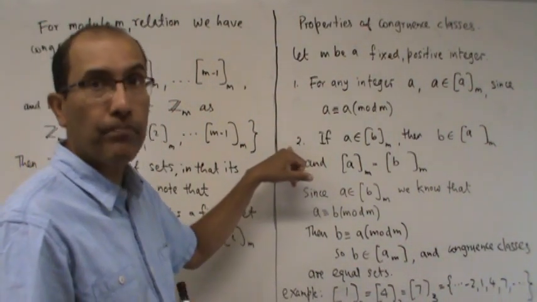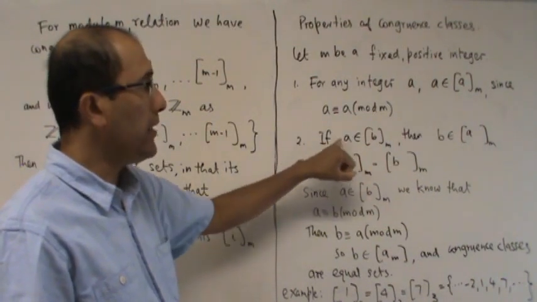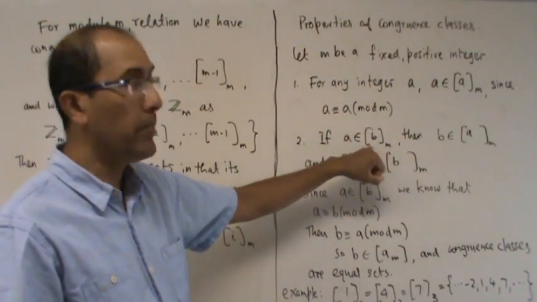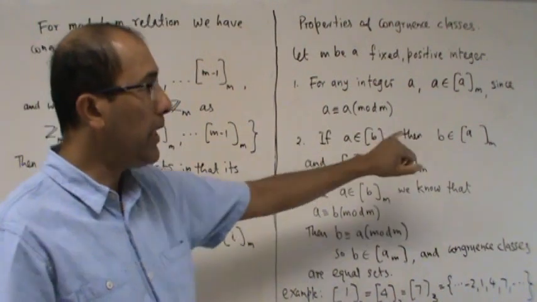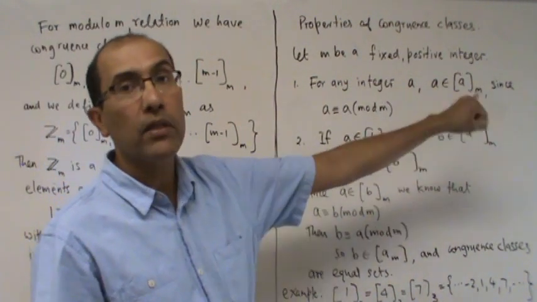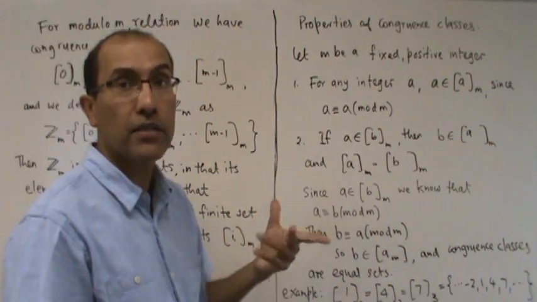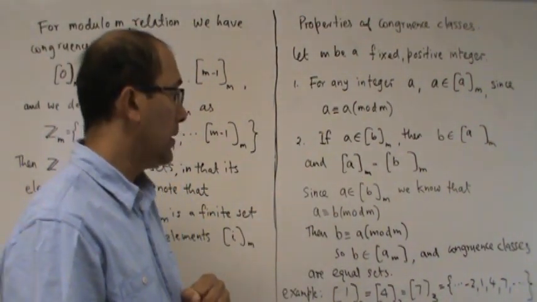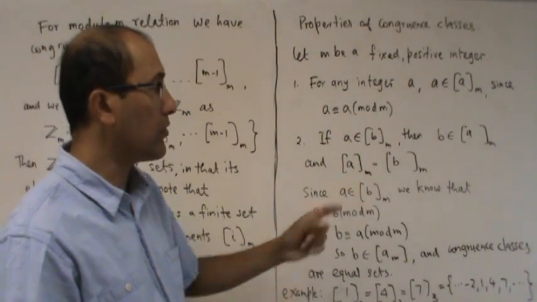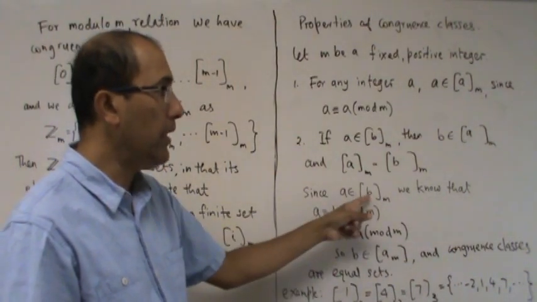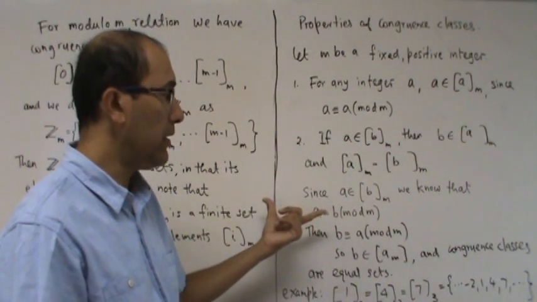So part 2. If A is in the congruence class of B, then the integer B must be in the congruence class of integer A, and the congruence classes must be equal. Because if A is in the congruence class of integer B, then A and B are related.